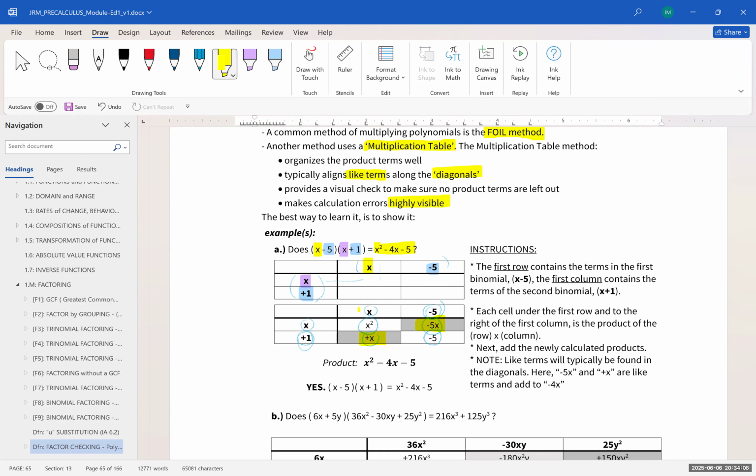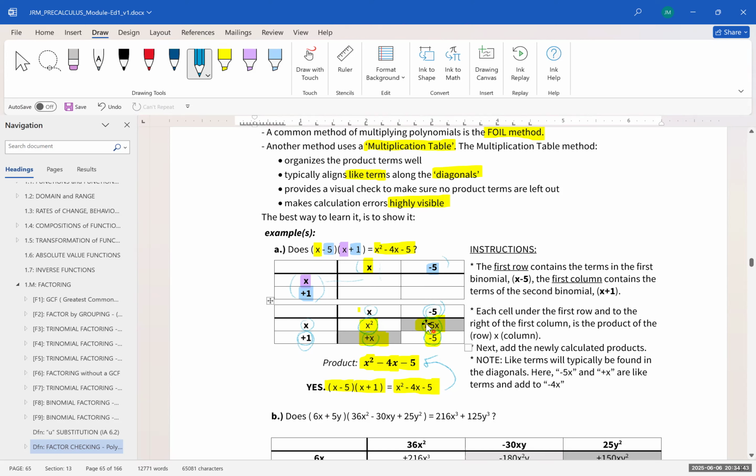So the multiplication of those two expressions is going to be x squared, and negative 5x plus x is negative 4x, and then minus 5. So does x minus 5 times x plus 1 equal x squared minus 4x plus 5? Yes, it does, because we just did the multiplication using the multiplication table.